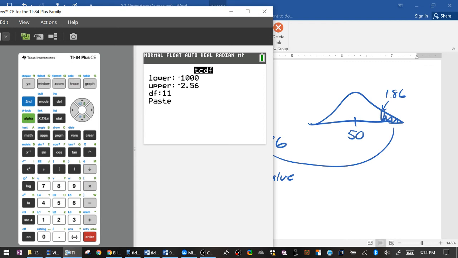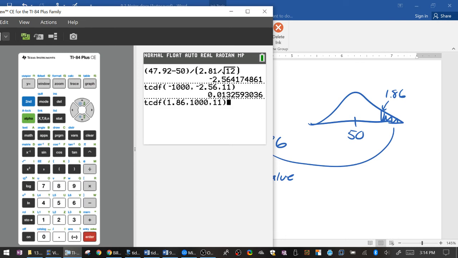Well, if I'm looking over here, the left side is at 1.86. So I would type in 1.86 here. The upper side, well, this thing doesn't have an upper side. It keeps going on and on and on. So for the upper side, just pick a big number like 1,000. And then the degree of freedom would have stayed 11. So when you paste it, that's how you would get your right side. In case your test statistic was positive, your p-value would be 0.045.